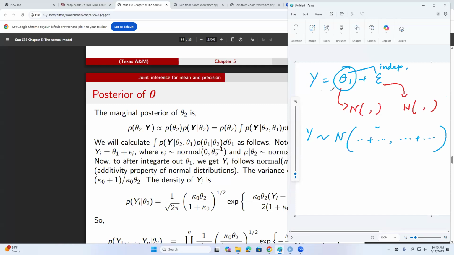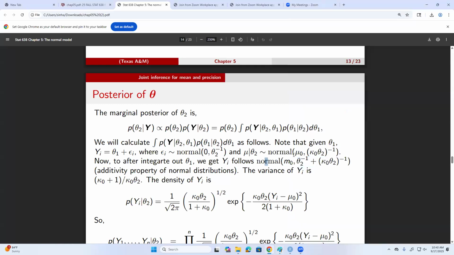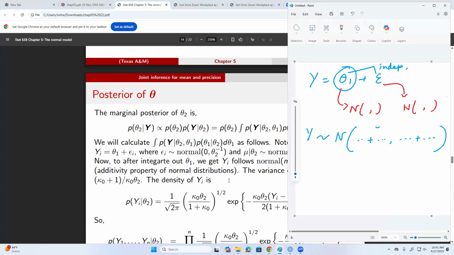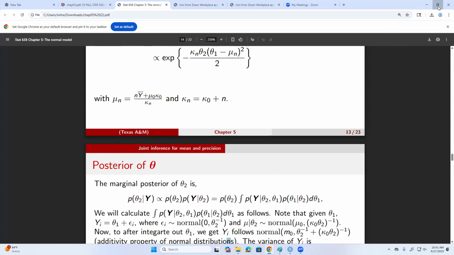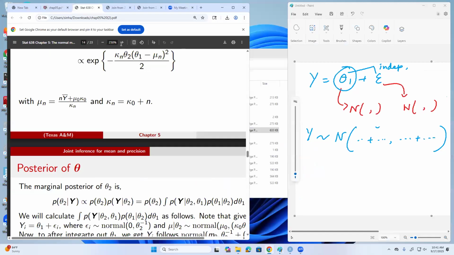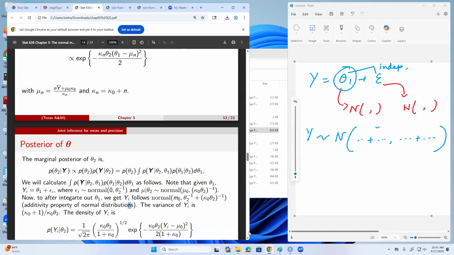Now theta 1 had a mean of mu sub 0. Let me write this part.